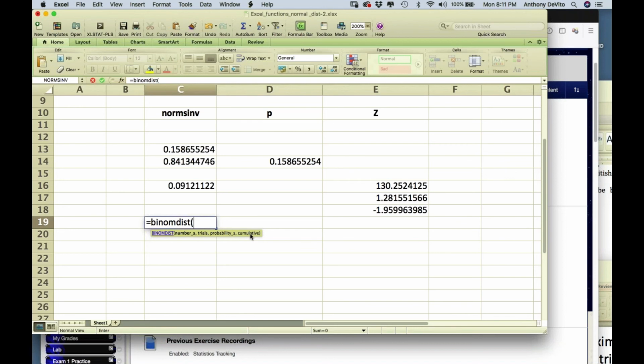Don't forget 0 counts also as a possible outcome. So that would give you the cumulative probability of getting 2 out of 10, 1 out of 10, and 0 out of 10. On the other hand, if you wanted the probability above 2, you would calculate the probability for 2 and subtract it from 1. That will leave the probability for 3 out of 10, 4 out of 10, 5 out of 10, and so on and so forth. You could use it that way.